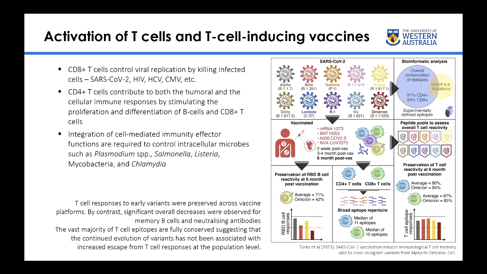Now here is just looking at how they are important again in vaccine development. This is a very nice paper looking at the T cell responses to COVID vaccines. We know there are quite a few different variants circulating, not anymore, but we know that the virus has evolved greatly from its original strain.